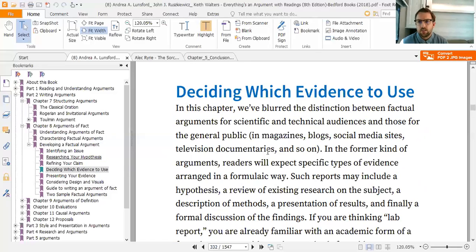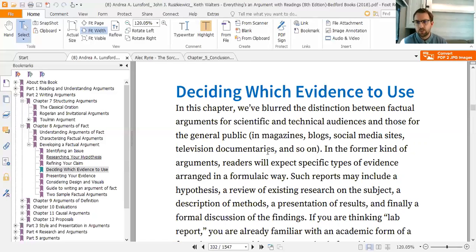Generally, when the fuse is discussed, more of the factual arguments for scientific and technical audiences are preferred. But some of what you're going to be using may play more into the general public audience. So you'll be walking the line between the science, technical, and the general audience.